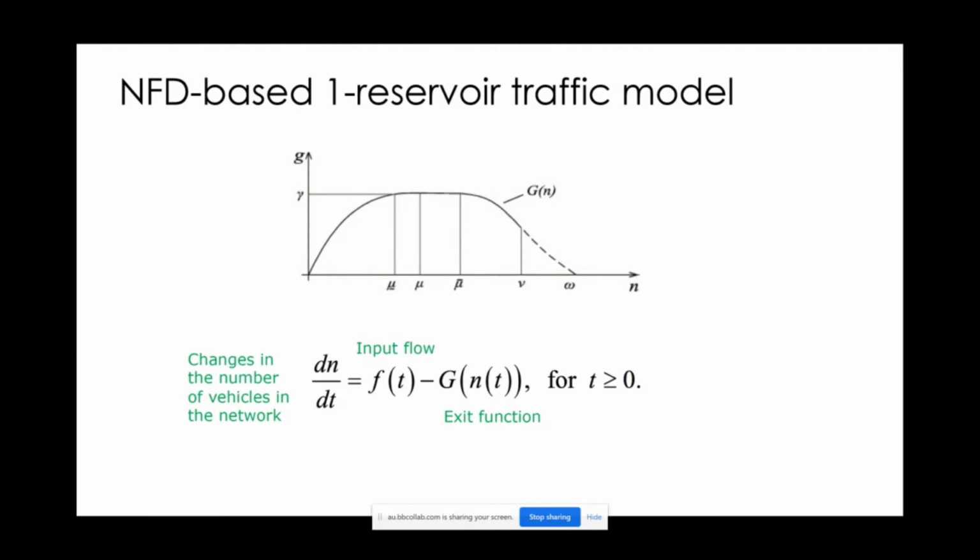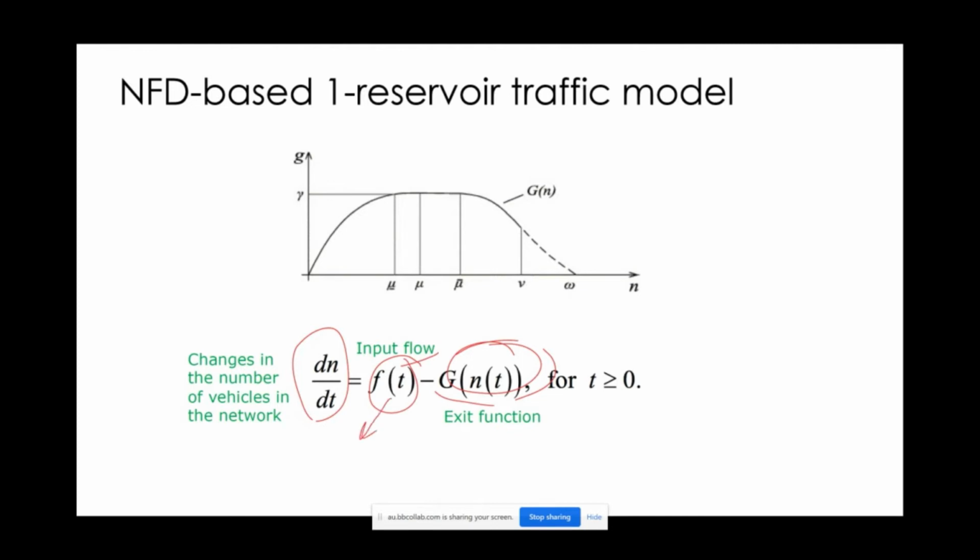A similar thing can be formulated at the network level based on MFD. The change in the number of vehicles in the network is the number of vehicles that are getting into the network minus the number of vehicles that are going out of the network. So this is the inflow, this is the outflow, right? This is a simple conservation law.